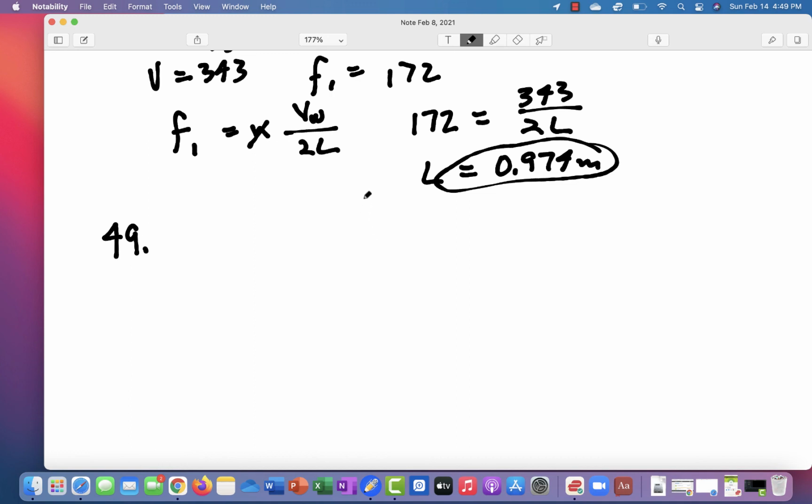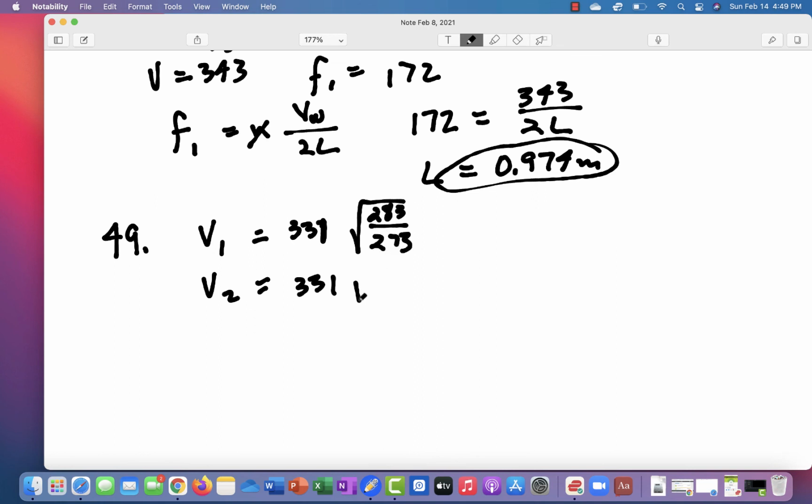So you have 2 velocities, V1 and V2, and those 2 velocities are affected by the temperature. 331, 331. The first is going to be, it was 10 degrees, so 283 over 273. And the second is 303 over 273.